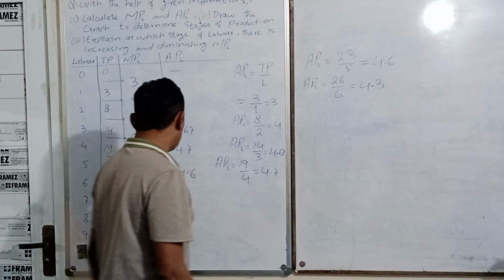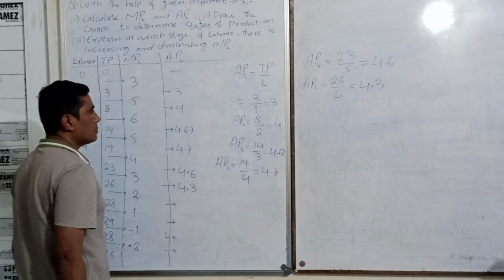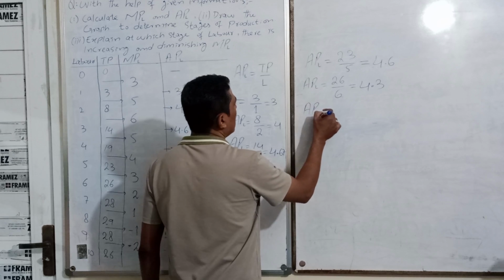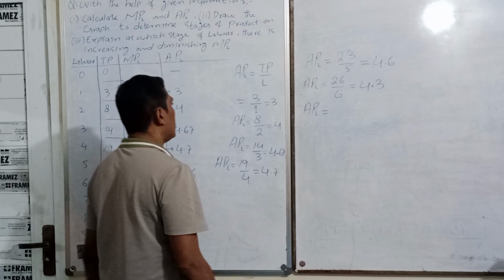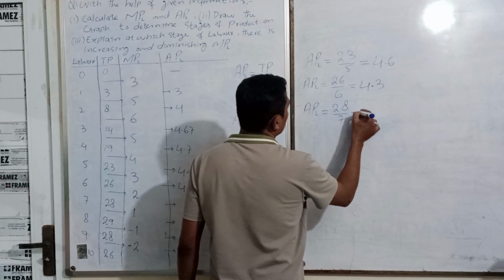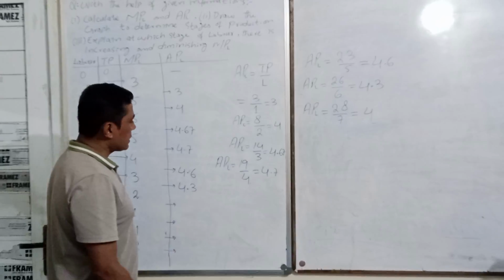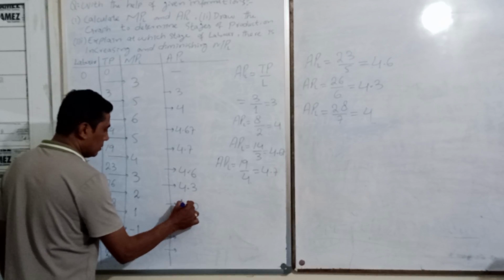Similarly, APL next is 28 divided by 7. Answer is 4. So now the answer is 4.0.